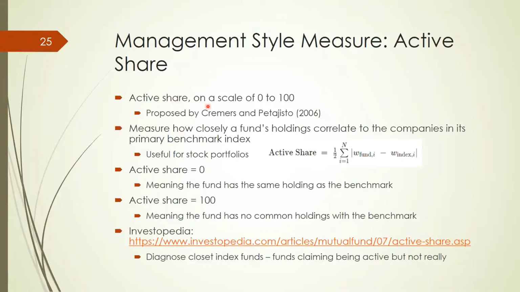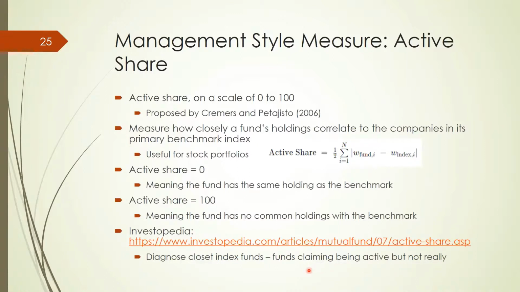Active share is a measure on the scale of 0 to 100. It was proposed by Cremers and Petajisto in their 2006 article. This active share measure tells you how closely a fund's holdings correlate to companies in its primary benchmark index.